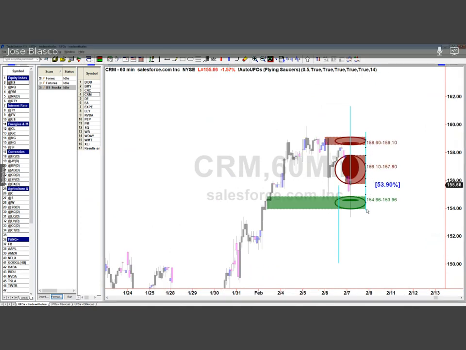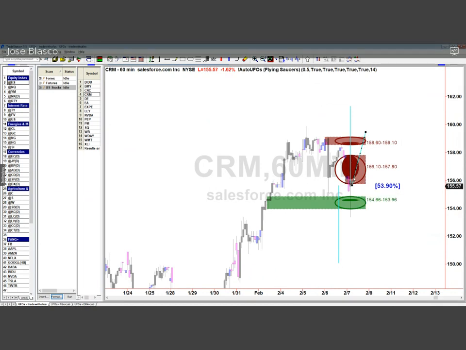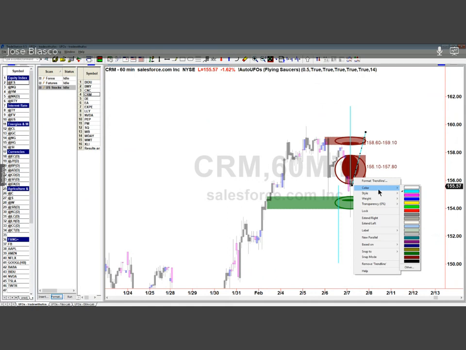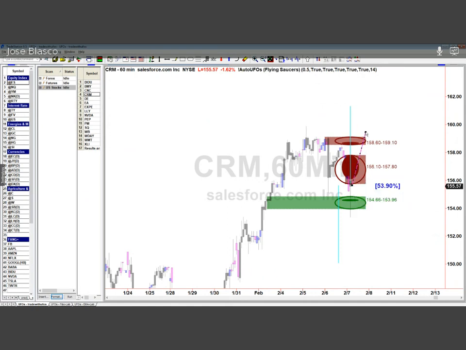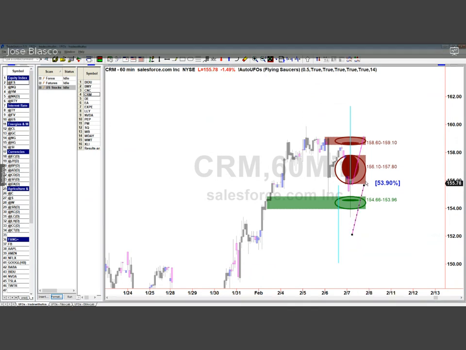If I plan to be aggressive, instead of the light blue, I'm going to use magenta lines. I could plan for this distance between the current price and 2 UFOs above, and I could project the same distance below. So that would be somewhere like that.